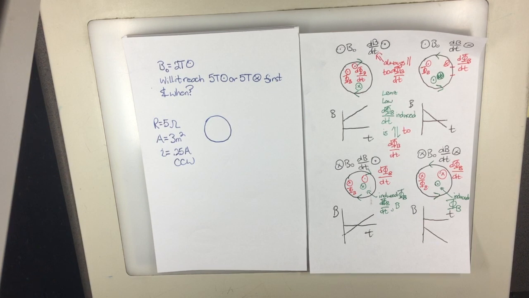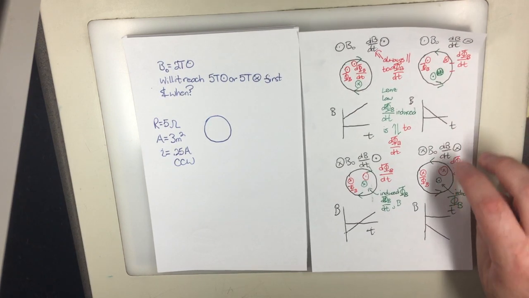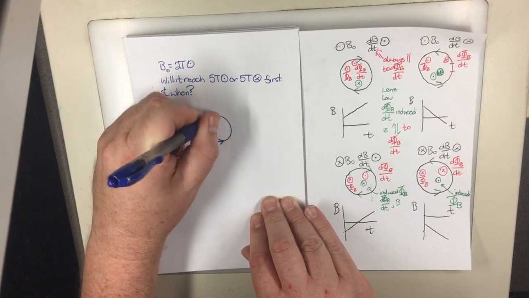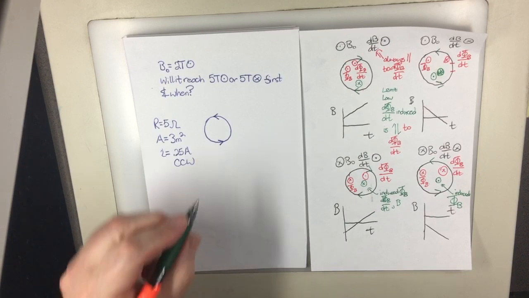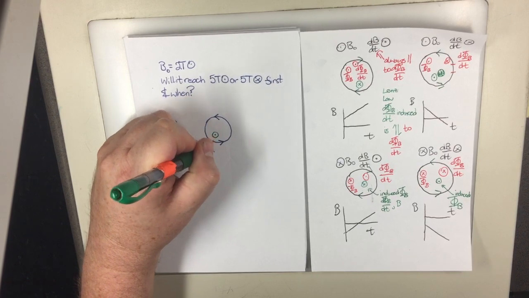Well, if the current is running in a counterclockwise fashion, we only have 2 choices for this. If the current is running like this, the induced magnetic field and flux has to be out.